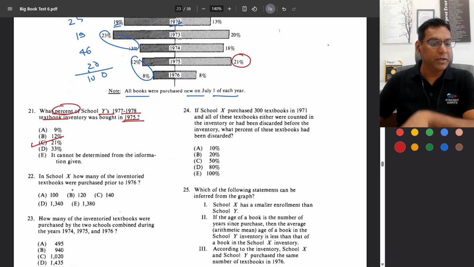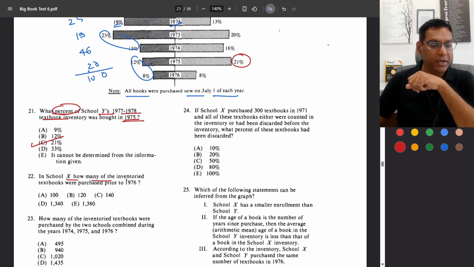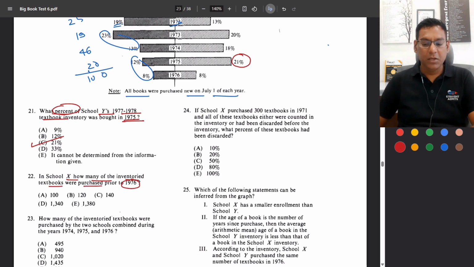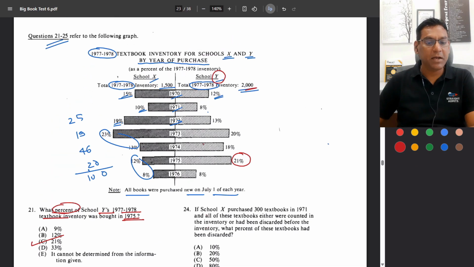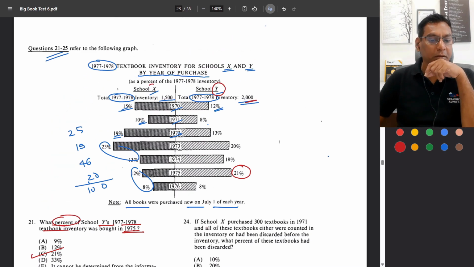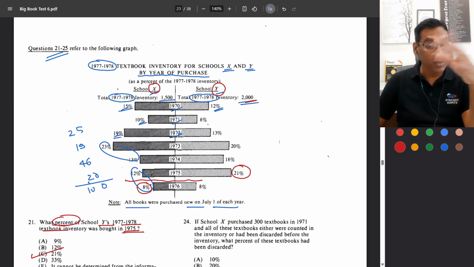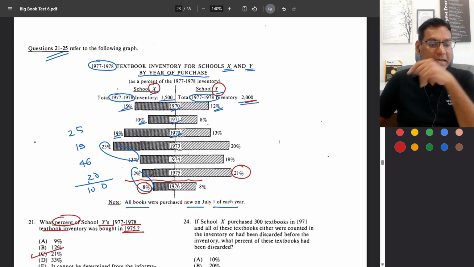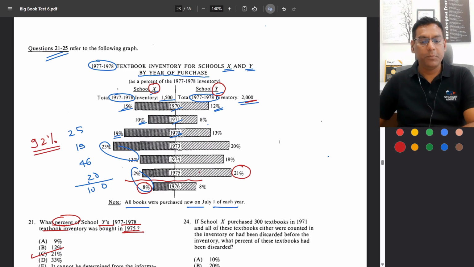Question 22. In school X, how many of the inventoried textbooks were purchased prior to 1976? So school X prior to 1976 is all inventory minus 8%. So that's 92%. 92% was bought prior to 1976.